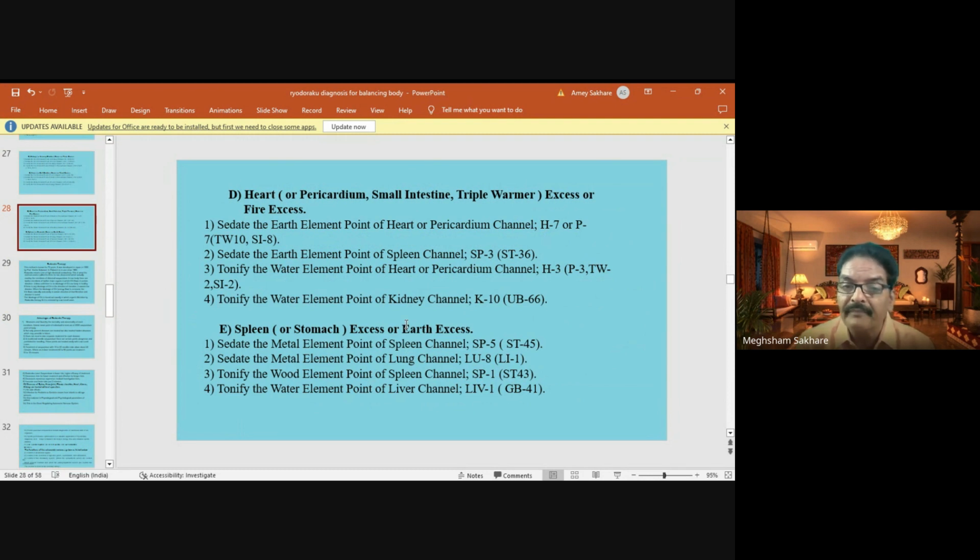Earth will be sedate. Sedate the metal element point of the spleen channel, SP5, or stomach 45.